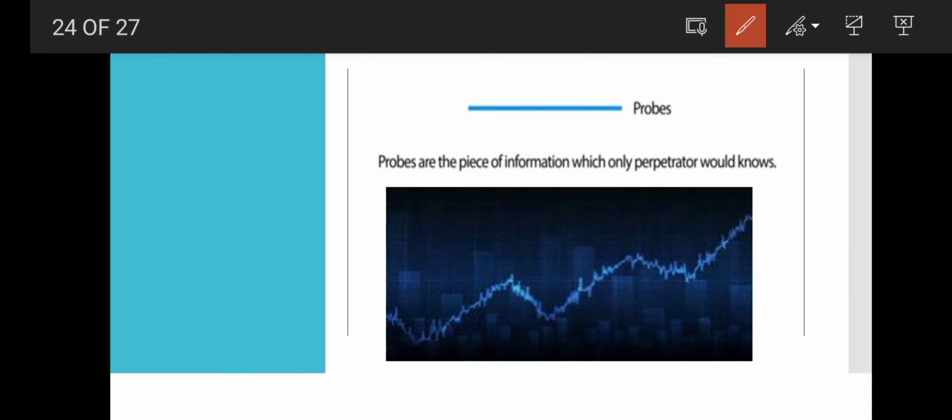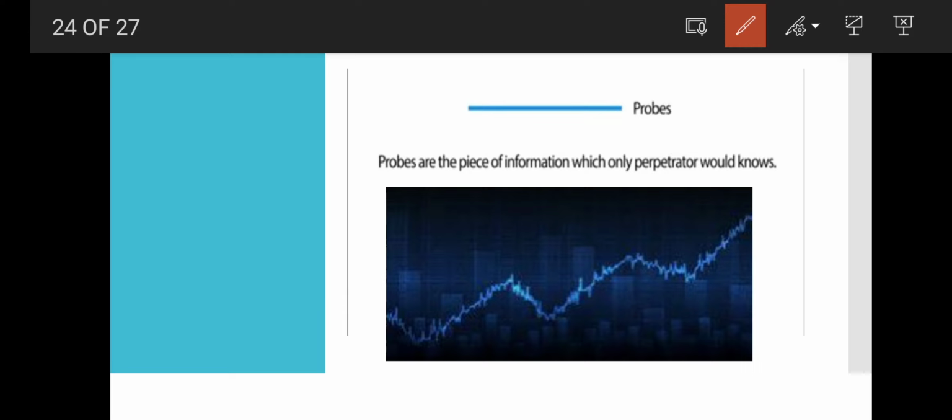After that, we give him actual information regarding the crime scene. For example, we have collected some data, some information, some pictures, and we show him the pictures and graphics. His brain will try to correlate them, and on that basis the brain releases some signals, the P300 wave signals.